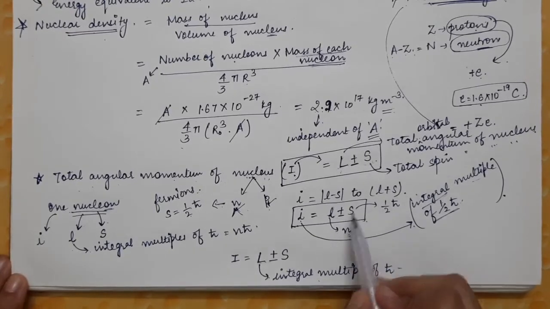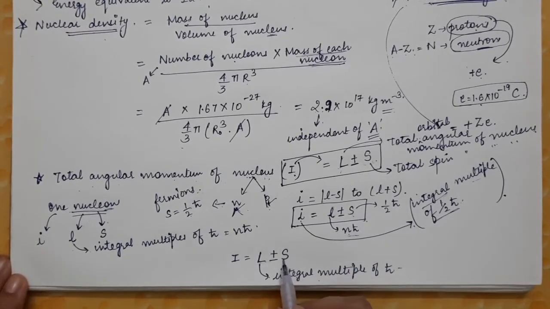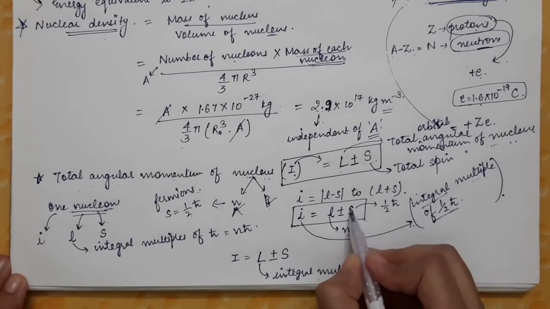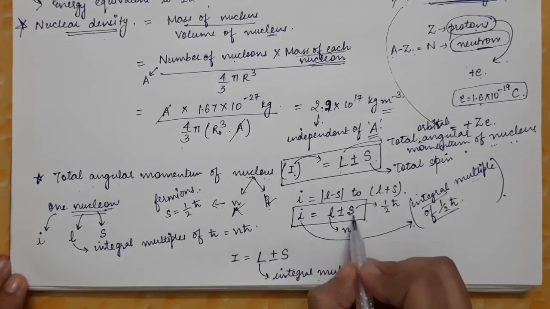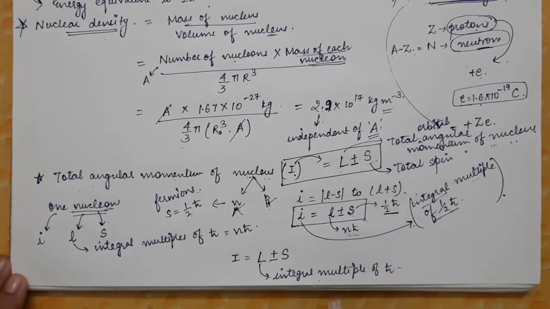Now is the case of the spin angular momentum, which is capital S. Here we know that small s, that is the spin angular momentum of one nucleon, can take the value only half h cut.